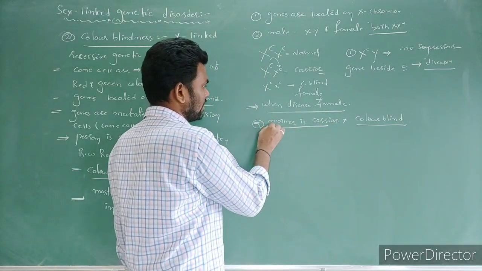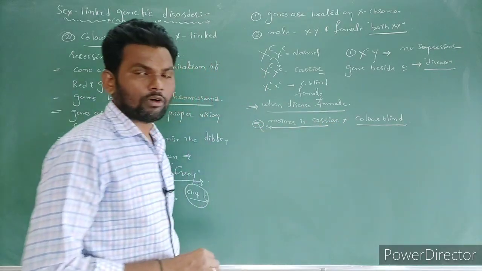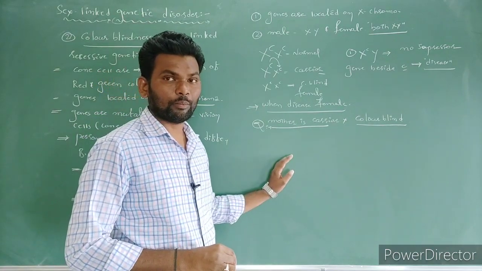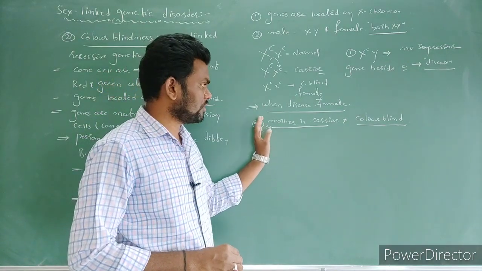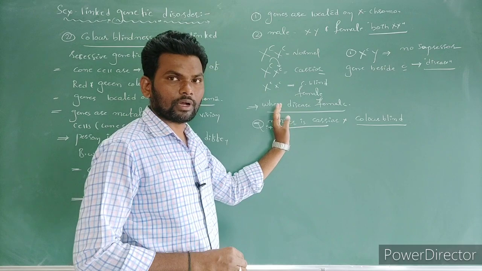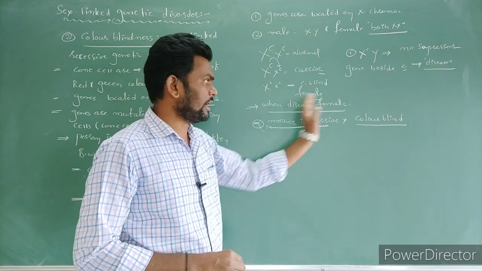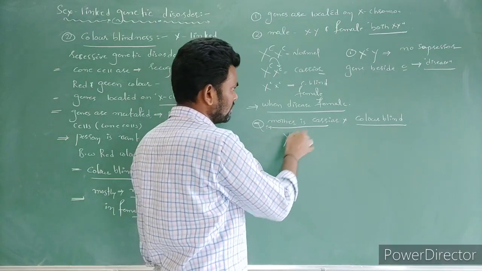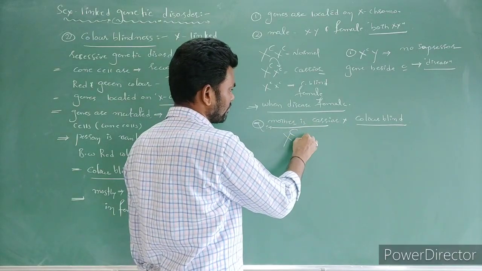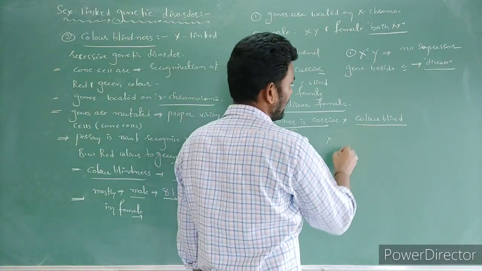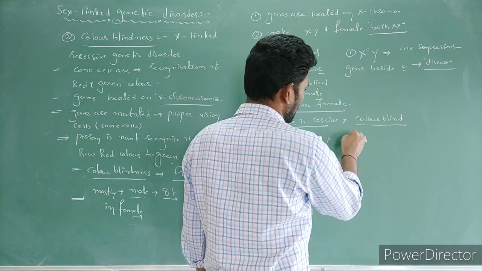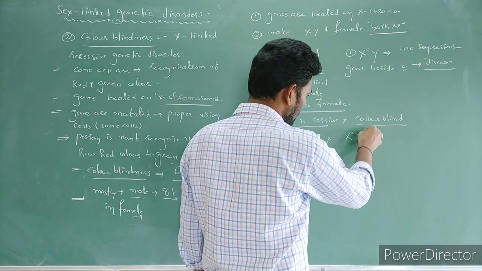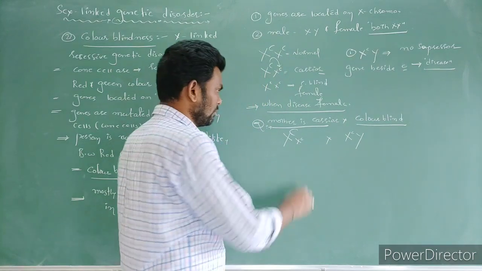They will ask a question like, what is the possibility of color blind female parents, or what is the genotype of color blind female parents, male as well as female genotype. Let's write it here. What do I have to write? Carrier X capital C X small c, color blind male X small c and Y. Make a cross.